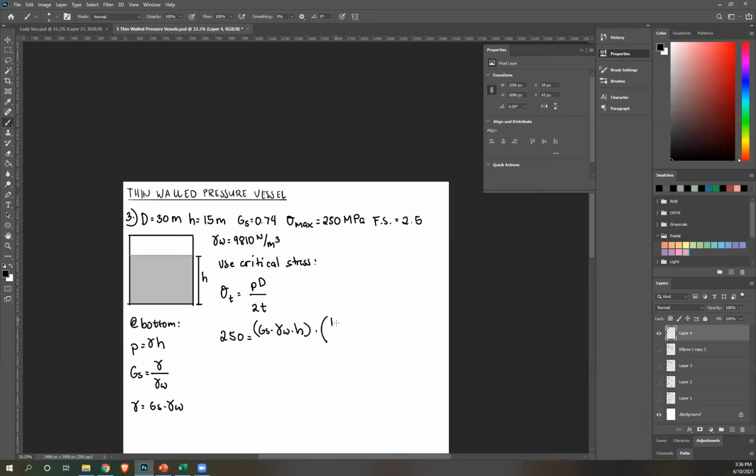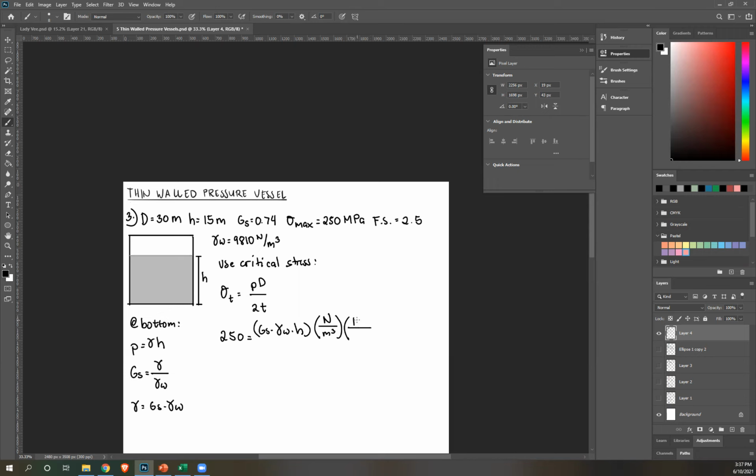Conversion factor: 1 meter is to 1000 millimeters. Let me specify. The unit of this is Newton per millimeter cube. Convert that Newton per meter cube to millimeter.